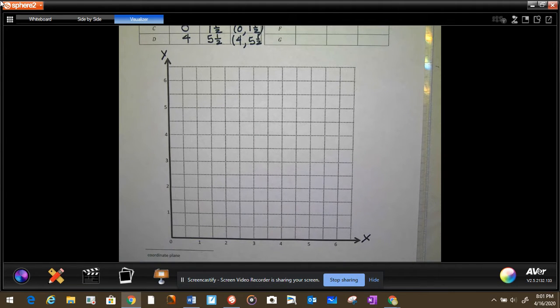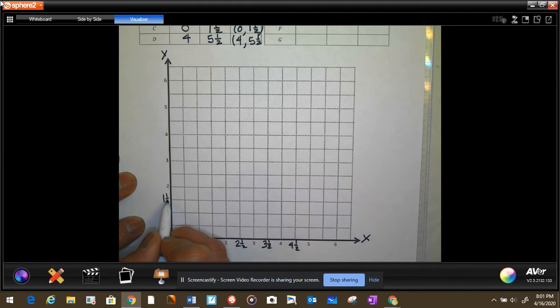If you pay attention, the scale is incrementing by one half: one half, one and one half, two and one half, three and one half, four, and so forth. The y-axis has the same scale. Here's one half, here is one and one half.